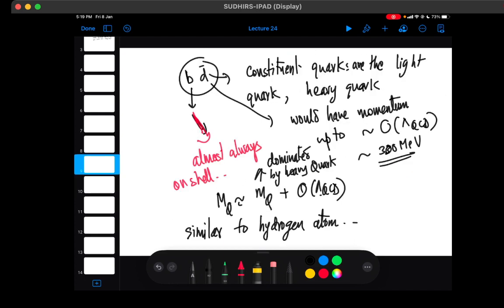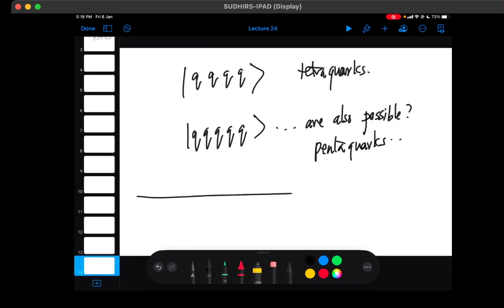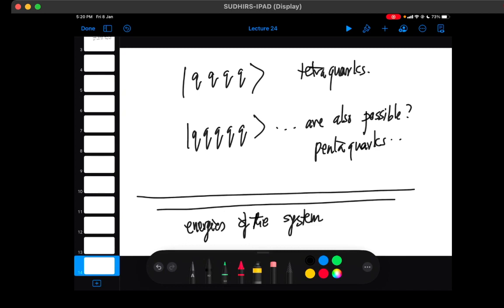As I said, this description of bound states is only valid when the energies of the system, for example the light quarks, are around Q squared of the order of Lambda QCD squared, and the length scales are around a Fermi or so.